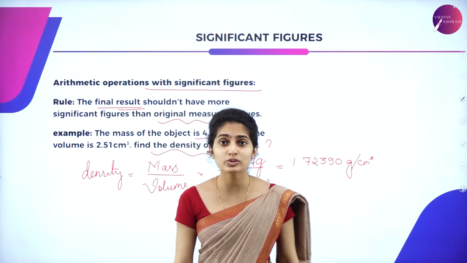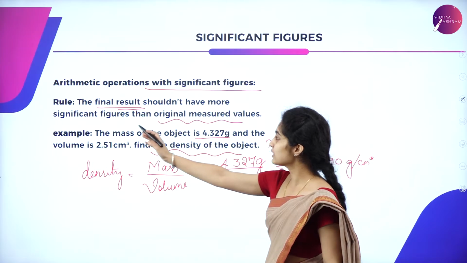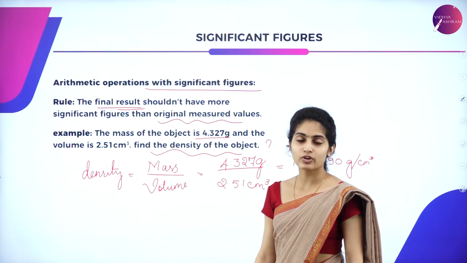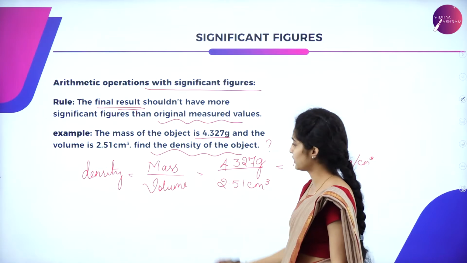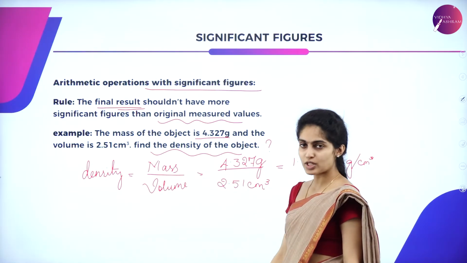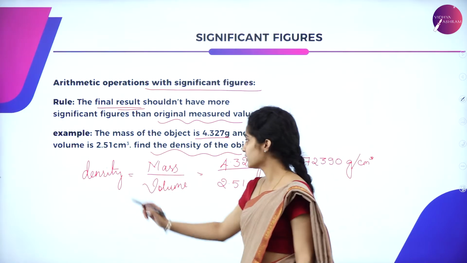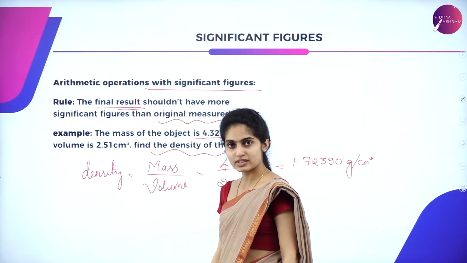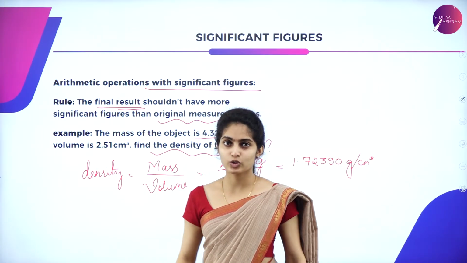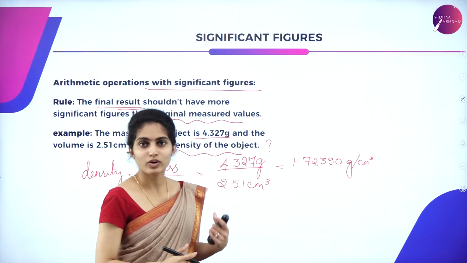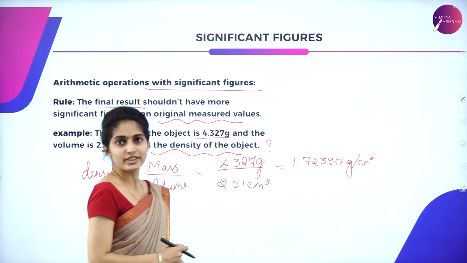But what does the rule say? The final result shouldn't have more significant figures than the originally measured values. So what are the original measured values? 4.327 grams. The other one is 2.51 centimeter cube. Out of these two, the least value is 2.51.